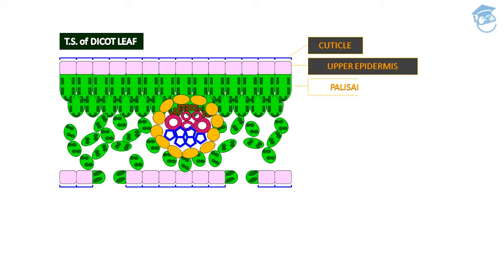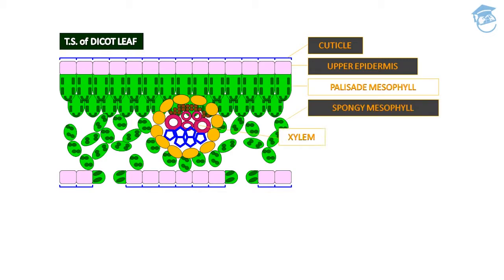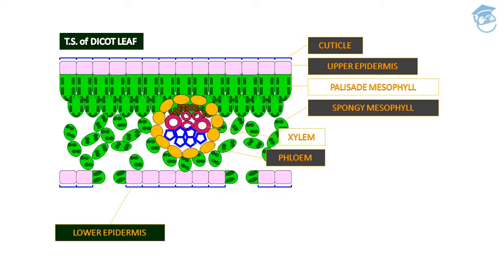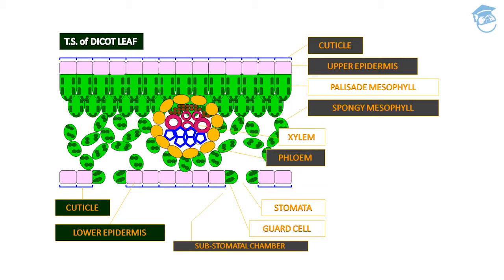This is the upper epidermis, this is palisade mesophyll, this is spongy mesophyll, this is xylem, this is phloem, and the vascular bundle is of conjoined collateral closed type. This is the lower epidermis, also called the abaxial epidermis, and it also has a cuticle layer. This is the stomatal aperture, and these two are the guard cells present in the abaxial or lower epidermis.